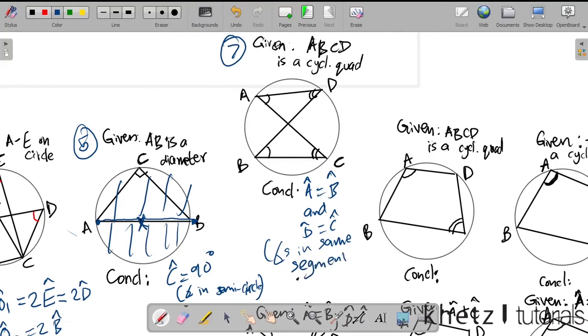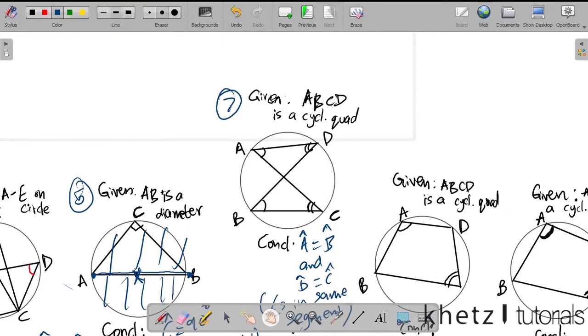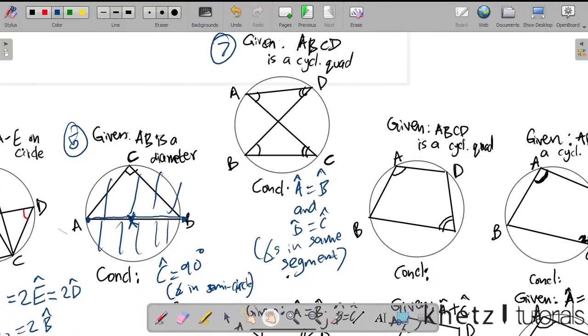That is basically the reason for that. If you have a cyclic quadrilateral which looks something like this, and you are asked to find A and B, or you know either A or B, then you should know that A is equal to B and D is equal to C because they are called angles in the same segment.